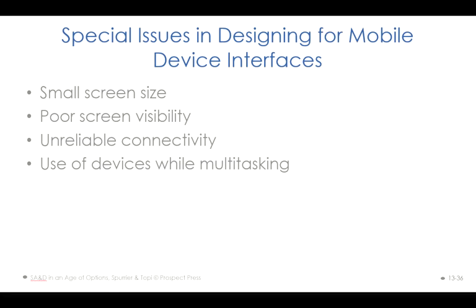And finally, the textbook introduced you to some special concerns about mobile devices. They have a smaller screen size. It's less visible, especially for different age groups. The older you get, the harder it is to read small font sizes. Connectivity is another issue for mobile phone user interface design.